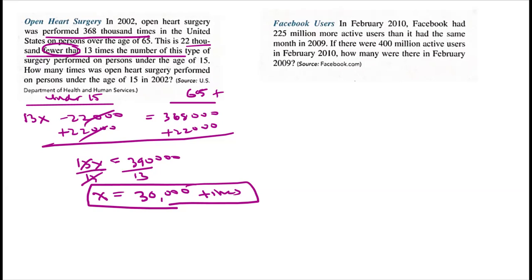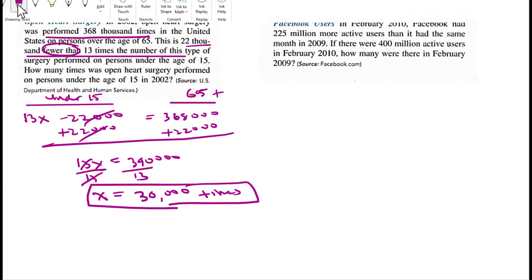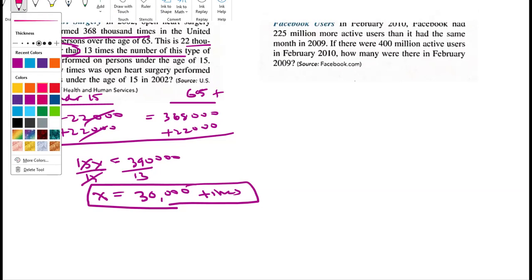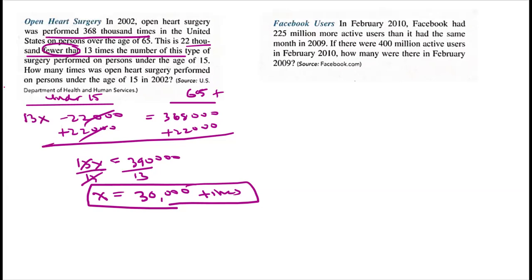Okay. Again, hopefully you had the opportunity to look at this one. So let's dissect this. It says Facebook had 225 million more active users than it had the same month in 2009.